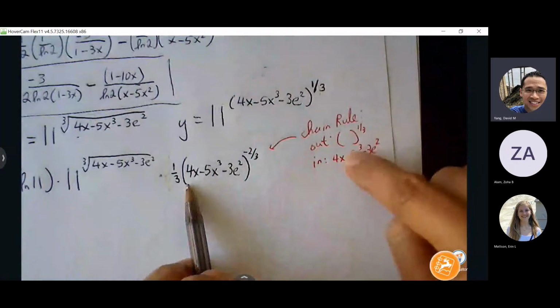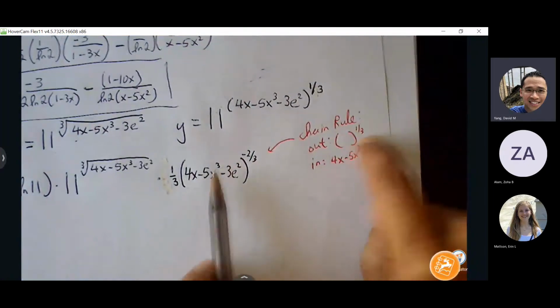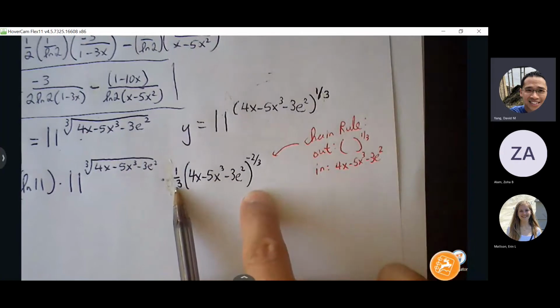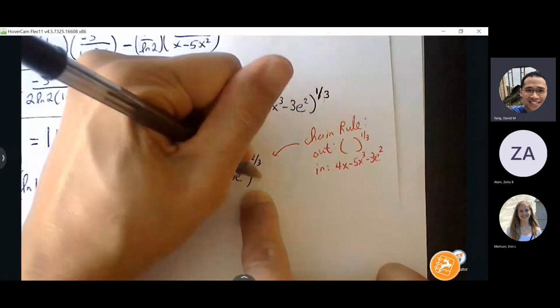Right, so we bring down the 1/3, we subtract 1 from the exponent, we keep the inside intact. We've now taken care of the outside derivative portion, but we still have to take care of the inside.